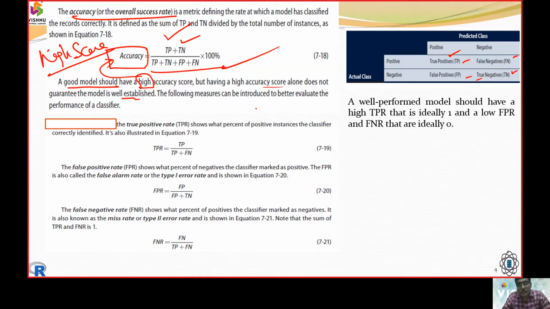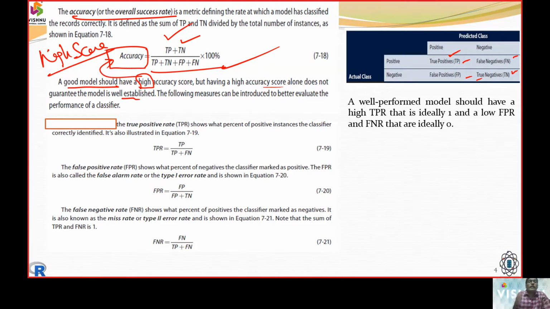So we compare the performance of a classifier after gaining the accuracy, compare the accuracy with Naive Bayes, with regression or other classifiers, decision tree or random forest, and find which classifier gives the better value. Fine.